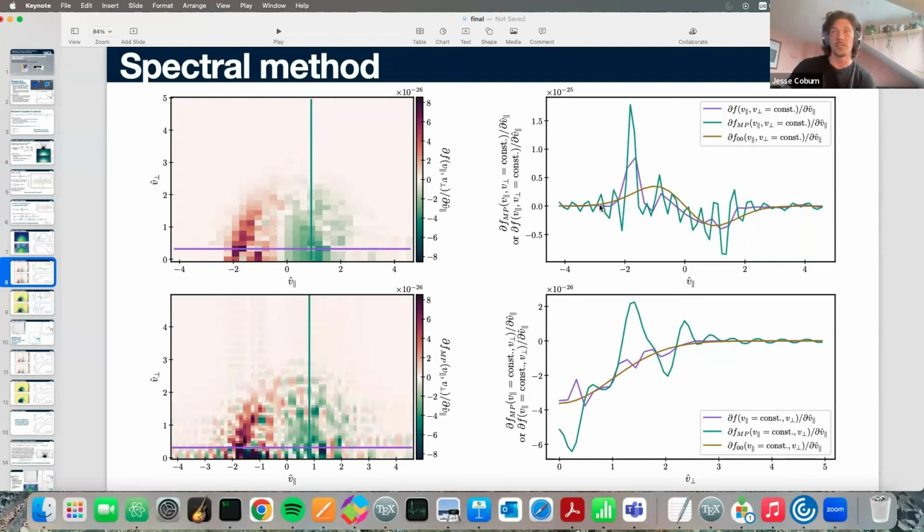The green line, the Hermite expansion, is very bumpy. This reflects the overall, say, noise, would it be okay to call it that? I don't know. But the overall roughness of the function itself somewhere in there.